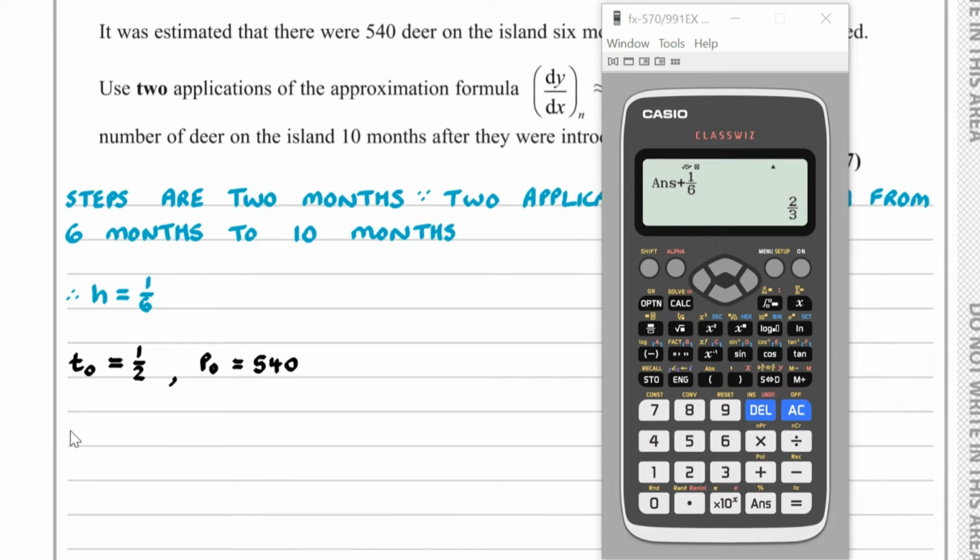So T1 is equal to 2/3 and T2 will equal 5/6.